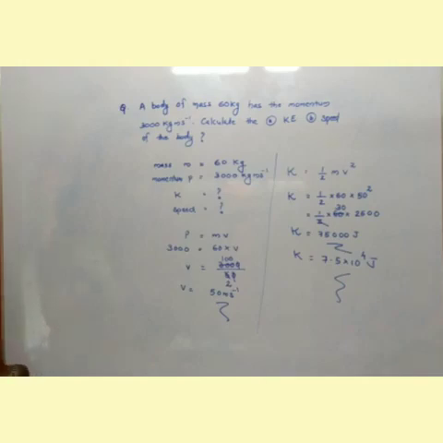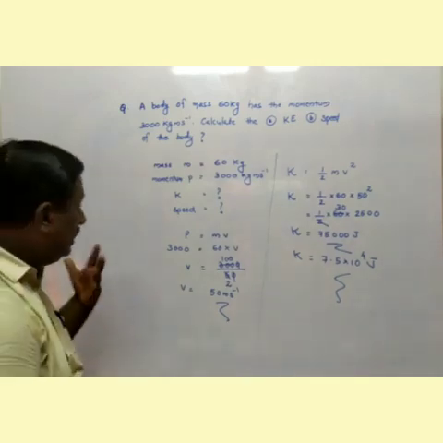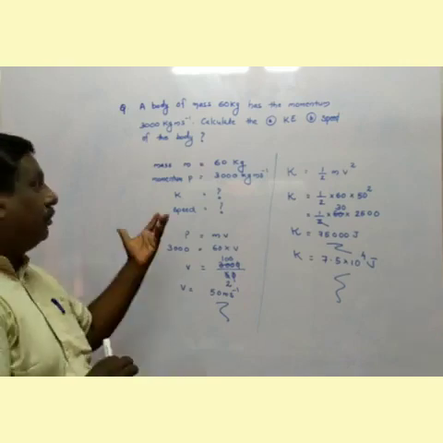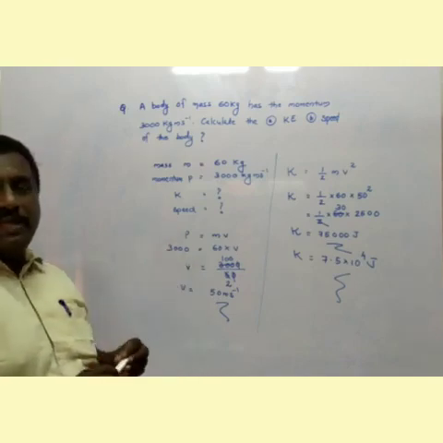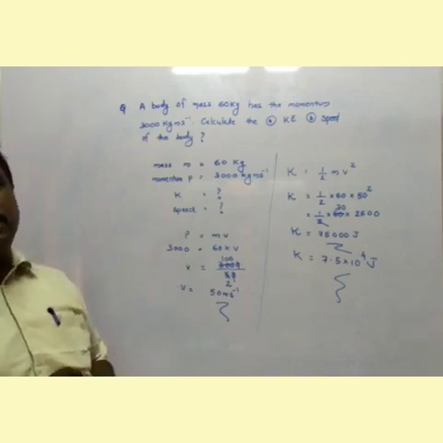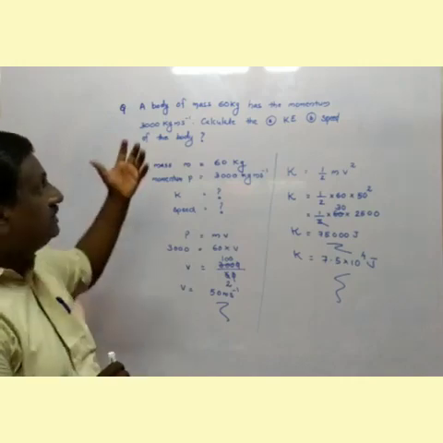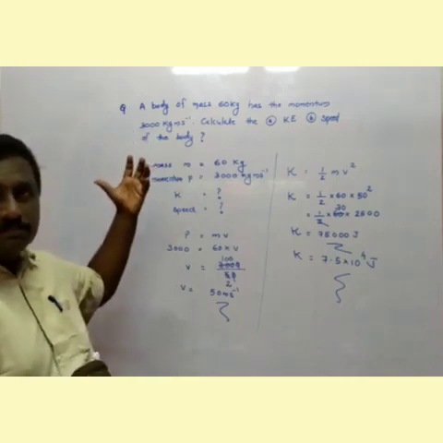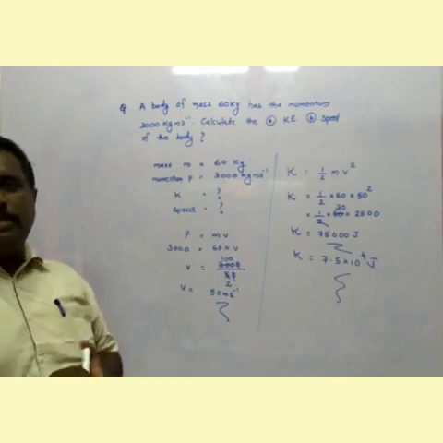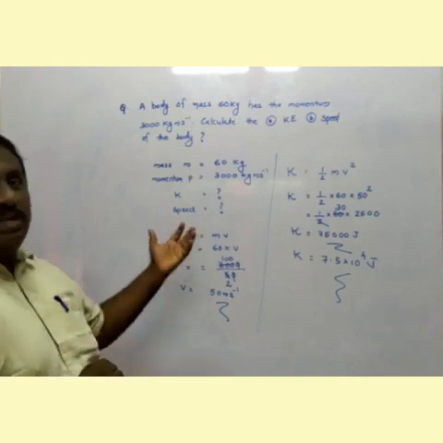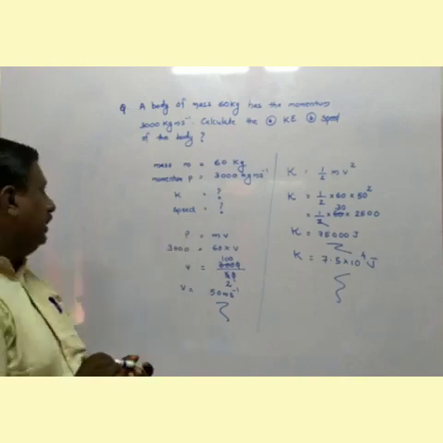In the question the mass is already given and the momentum is given. We have to find out the kinetic energy and speed. Firstly, I solved for the speed. I know the equation momentum P is equal to mv. Momentum and mass are given, we have to find the value of velocity.